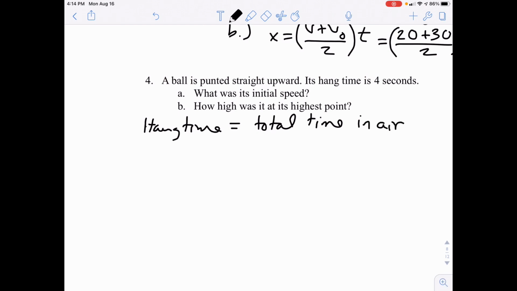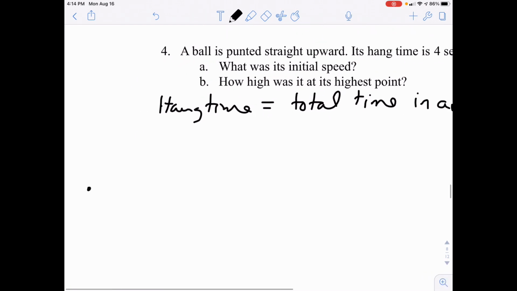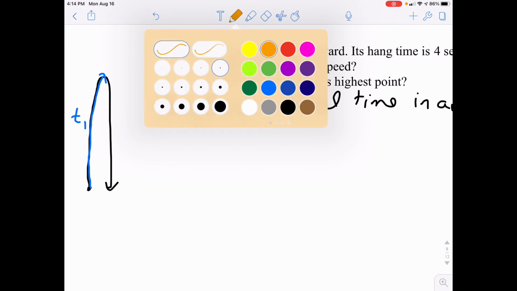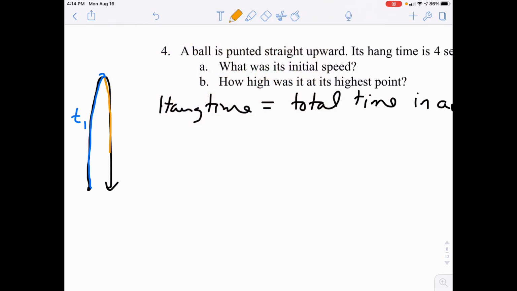Another thing we should know is if we look at a picture, the ball is going to go straight up and then straight down. So we could divide this into 2 sections. There's the part that's going up, which we'll call T1, time going up. And then there's T2, this other part going down. T1 going up equals T2.